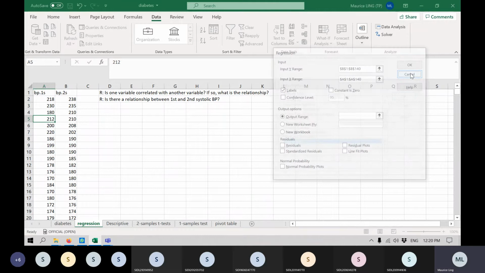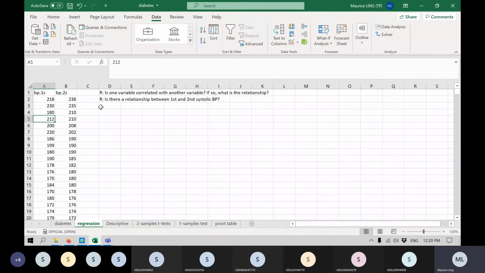Let's do this first. In this case, what is our null hypothesis? Our null hypothesis is that there is no correlation.